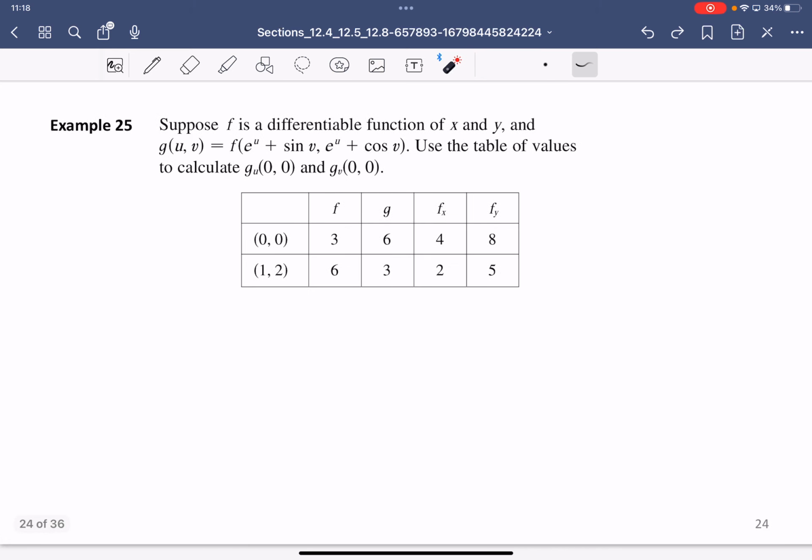Okay, 25. Suppose that f is a differentiable function of x and y.